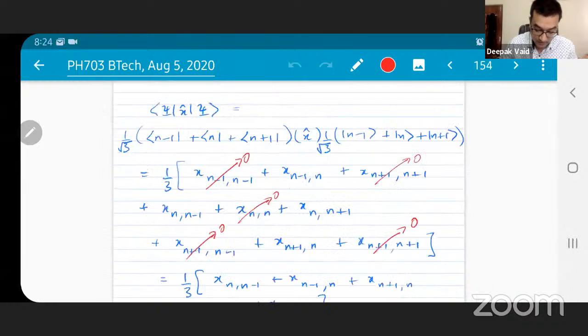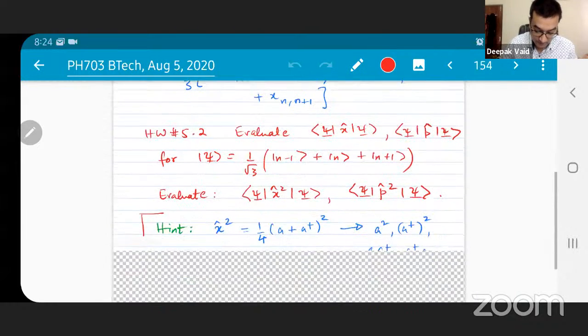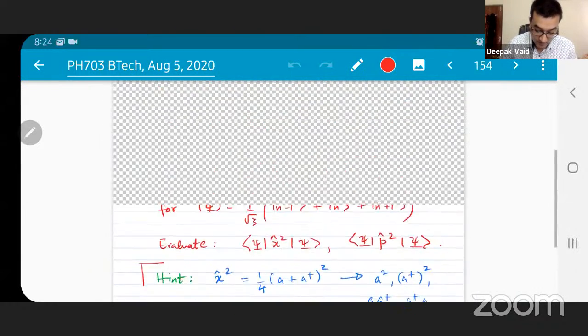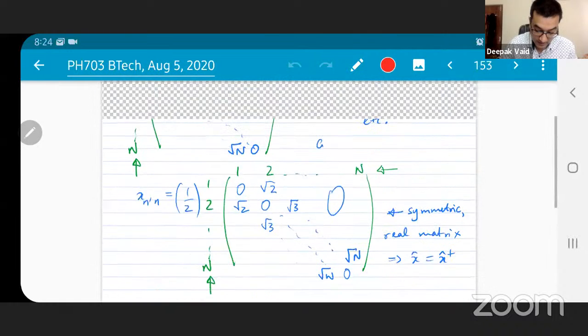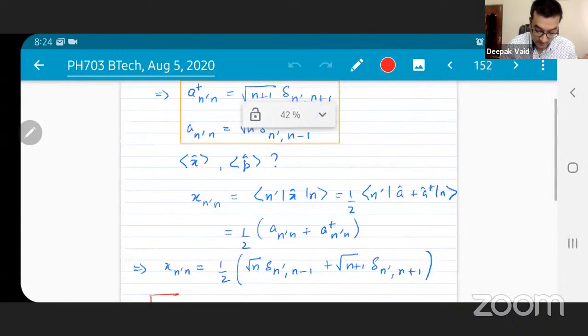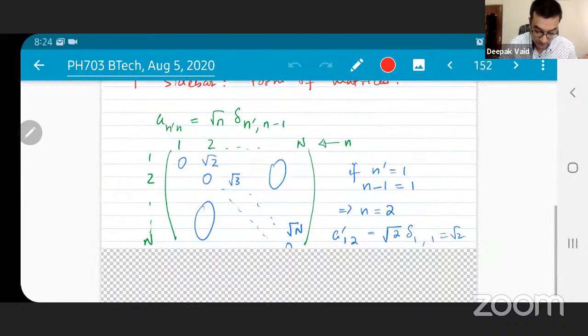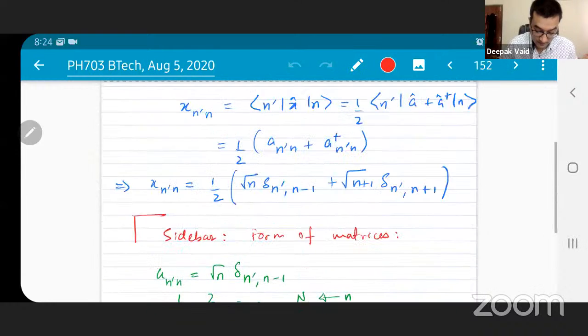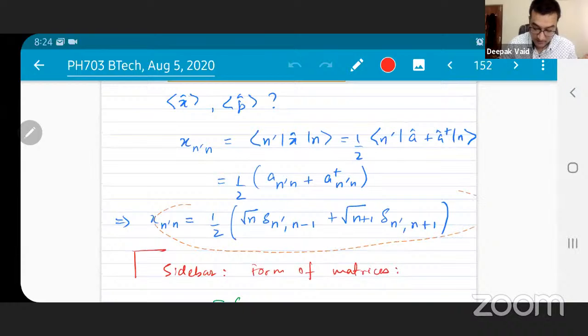So if you calculate, for instance, the expectation value of the X operator in any eigenstate of the number operator, you will always get 0, because the matrix elements are off diagonal.